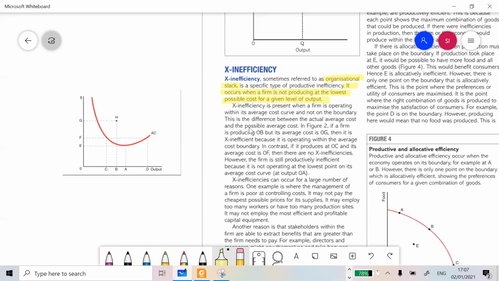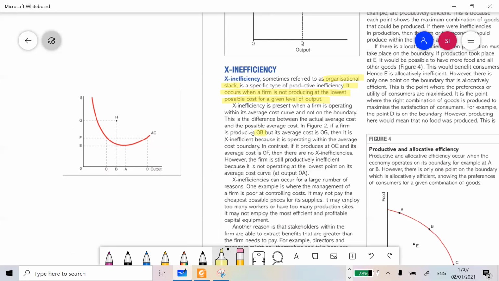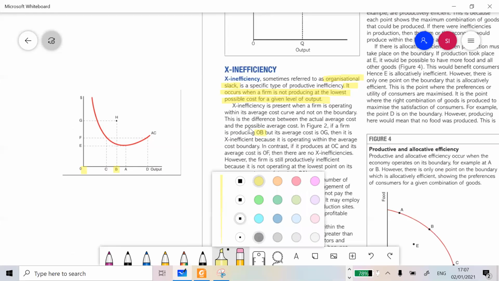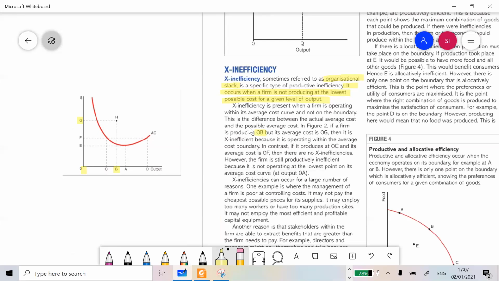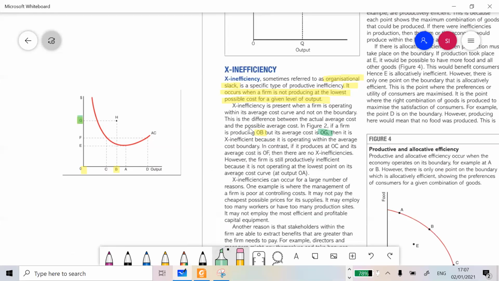If a firm is producing at 0B, that is here to here, and its average cost is 0G, average cost is 0G over here, then it's X inefficient because it is operating within the average cost boundary.